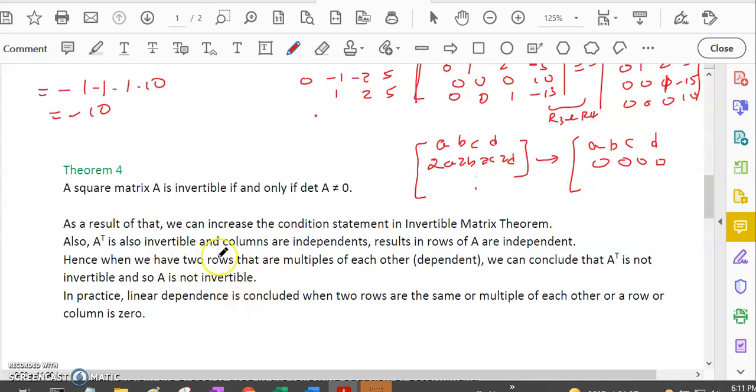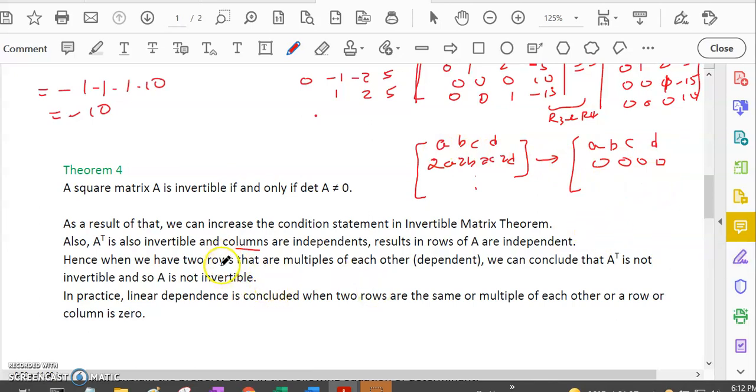So this tells us that if columns are independent, then A is invertible. So other than checking, well, if rows are dependent, then they are not invertible. And it has to do with the product. So if one of these numbers is 0, then it's not invertible.